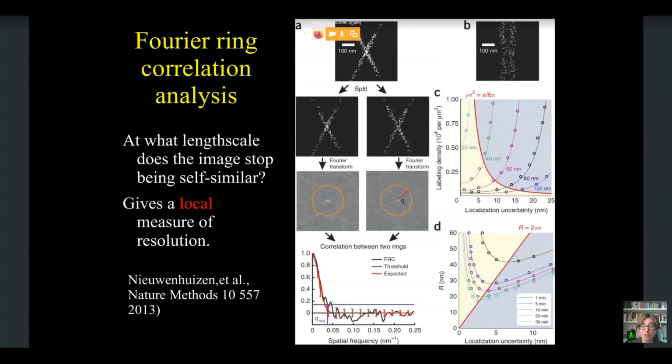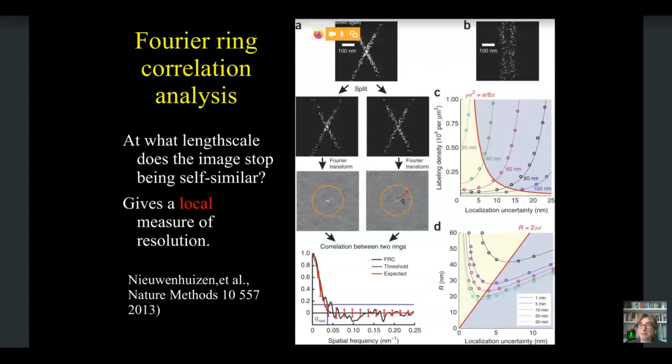Now, it's important to note that this resolution definition doesn't directly correspond to the way that resolution is measured in the Abbe limit. So it is actually going to give slightly different values to the values that you might see.